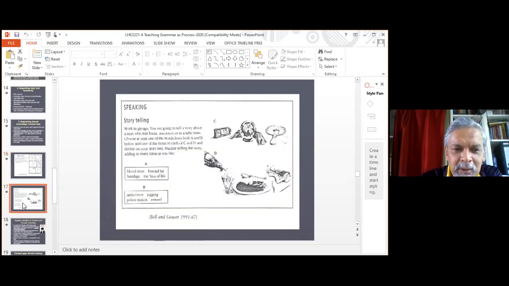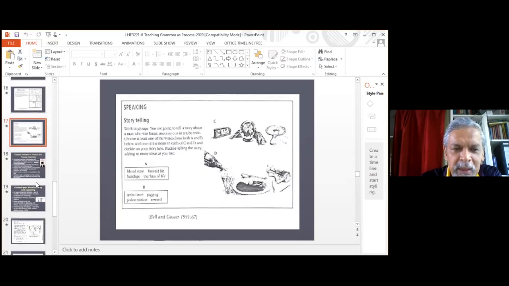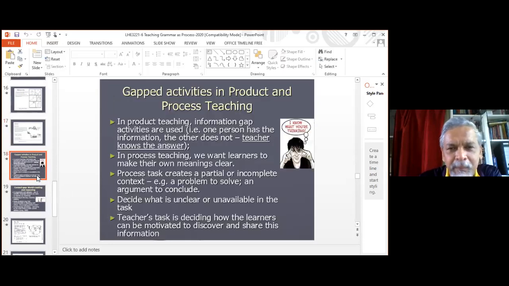This is also similar, because there's choice for the learners with respect to how they want to tell the story or solve a problem. So we also looked at the difference between... oh, this is where we stopped, I think.